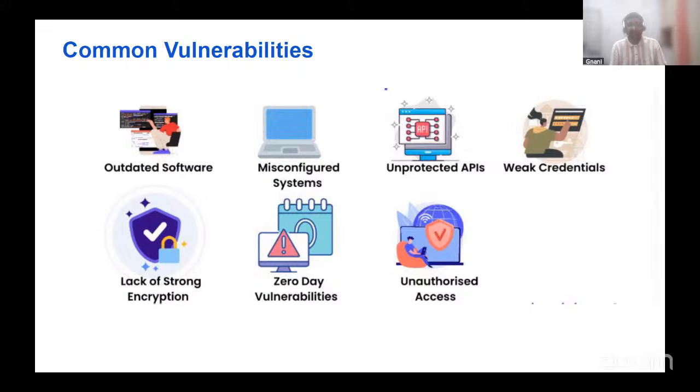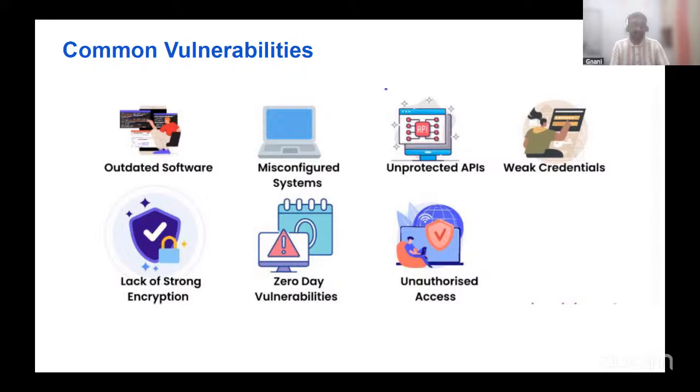And misconfigured systems. For example, as I told, I installed an operating system but I'm not putting a password. That is a kind of misconfiguration. And unprotected APIs. Nowadays everything is related to APIs, right? You will always connect your application with the internet, or internal applications with APIs.